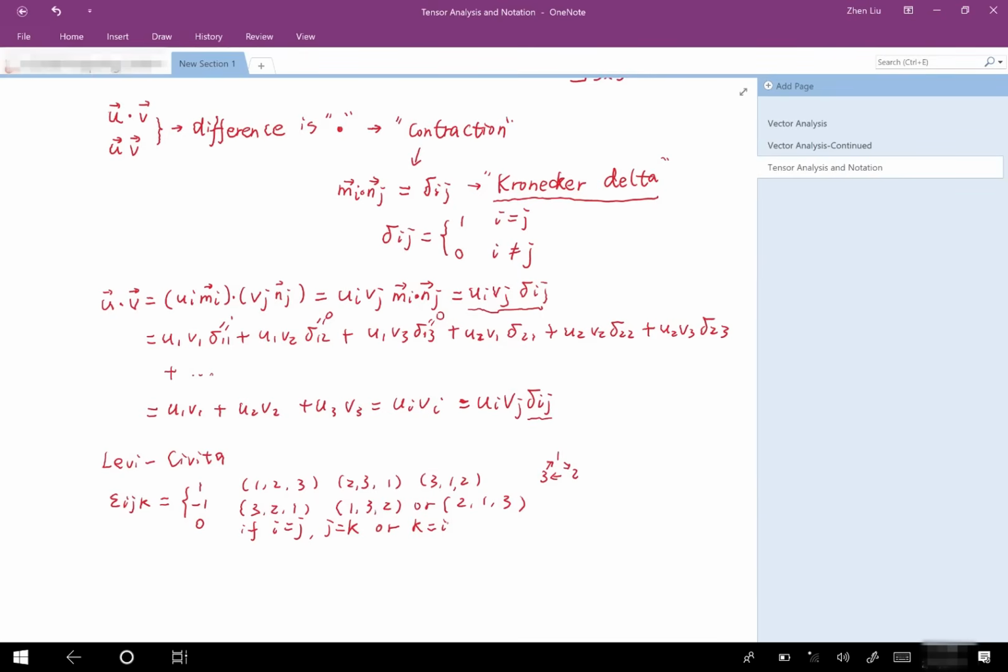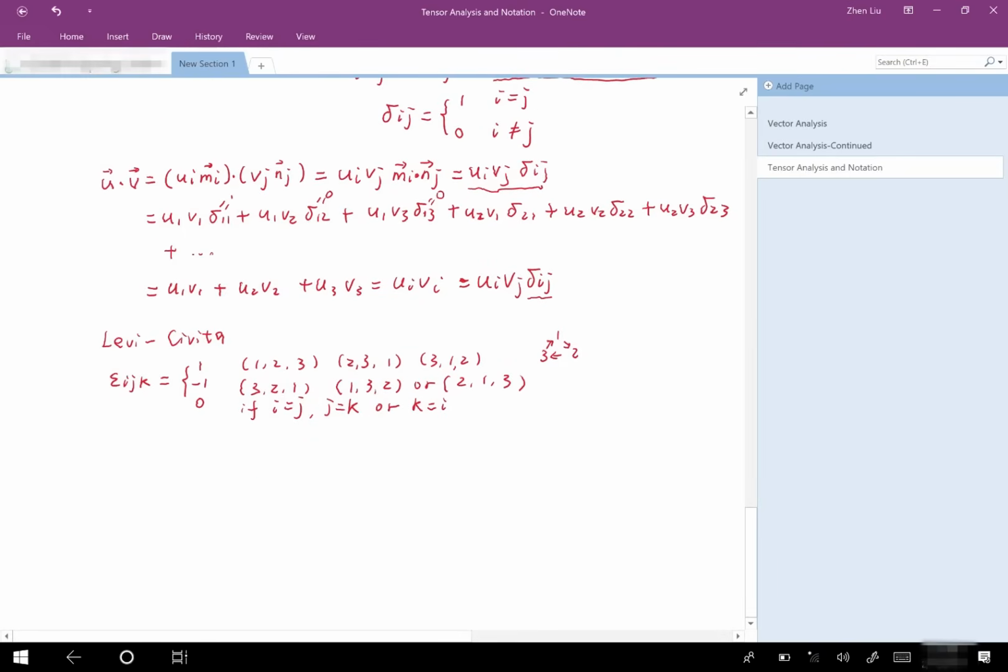The reason that we define this Levi-Civita is that above we just used this Kronecker delta operation to simplify the dot product. So here we want to use Levi-Civita to simplify another thing that we introduced before, that is the cross product. So for example, u cross product v.